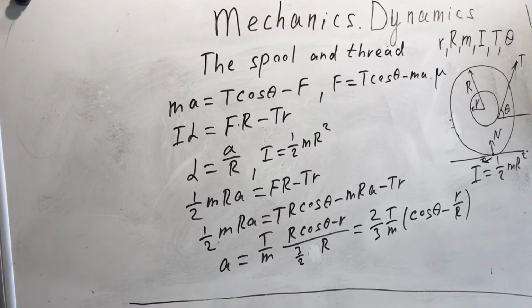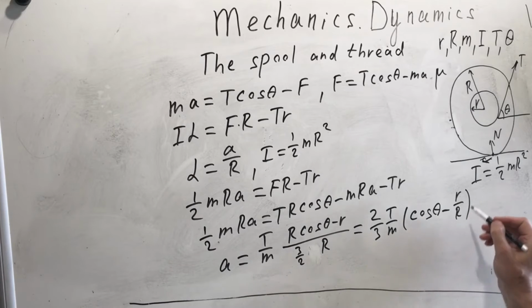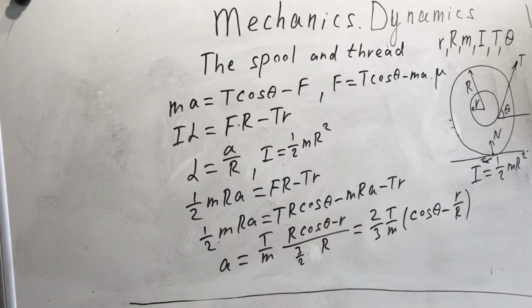If we look at this formula, it's obvious that if we have small angles, this cosine is very close to 1, which is greater than small r over big R, and the acceleration will be to the left, which is correct, because due to geometry, cosine theta greater than small r over big R means that this line is crossing the base to the left from this point.